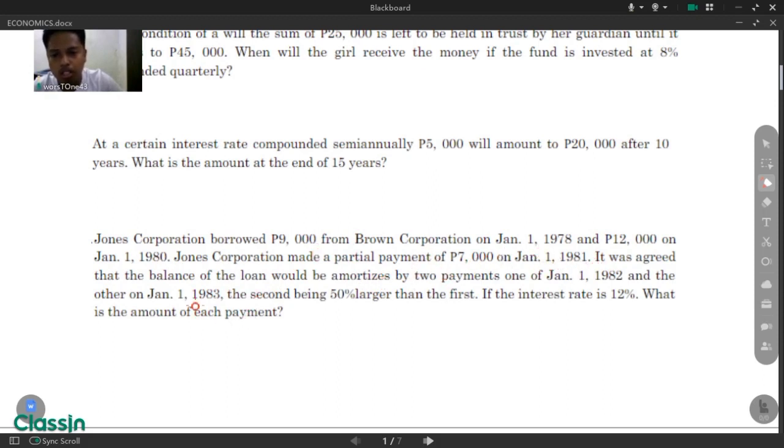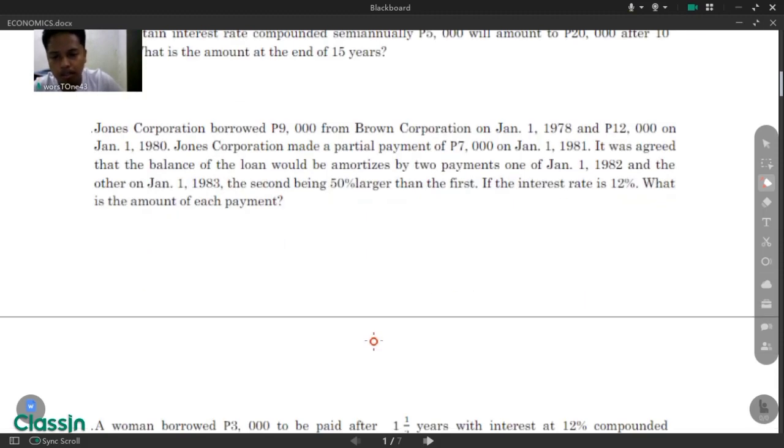It was agreed that the balance of the loan would be amortized by two payments, one on January 1, 1982, and the other on January 1, 1983, with the second being 50% larger than the first. If the interest rate is 12%, what is the amount of each payment?